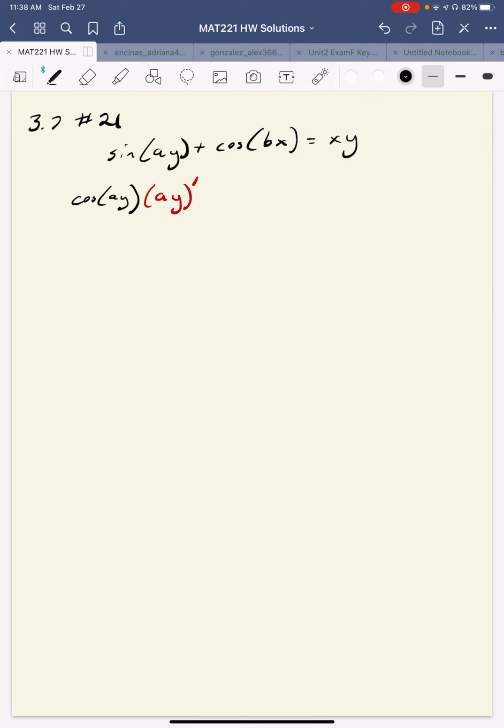Then I come over here and again, I do have to use the chain rule because this term isn't simply an x term, it's x being multiplied by a constant.